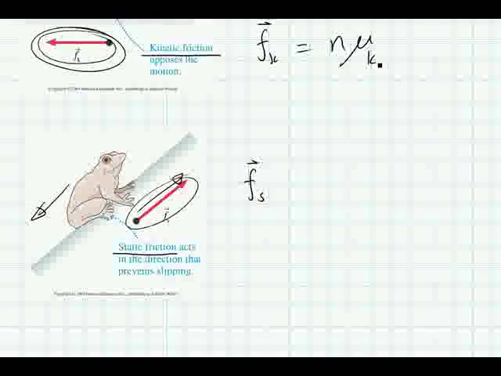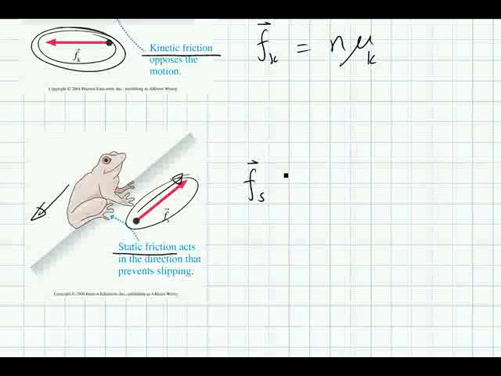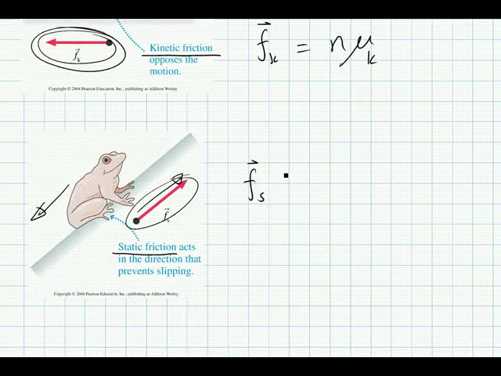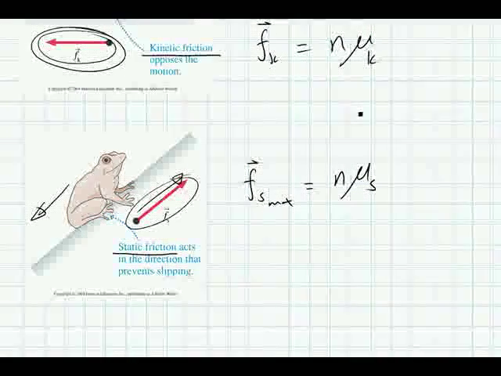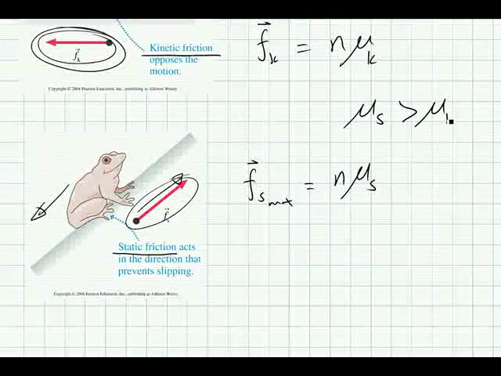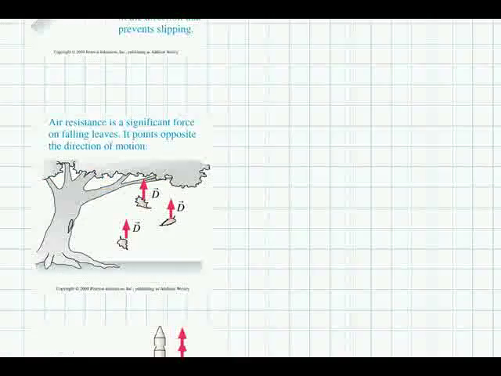Static friction's magnitude depends on how much force there is acting on the object. However, it does have a maximum magnitude, which is given by N mu s, where mu s is the coefficient of static friction. The coefficient of static friction is always greater than the coefficient of kinetic friction, but we'll cover this fully in chapter 5.